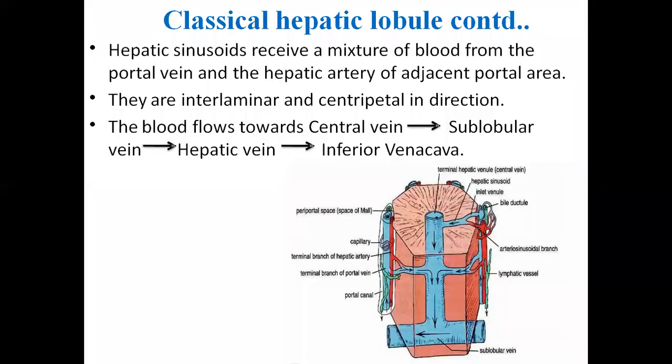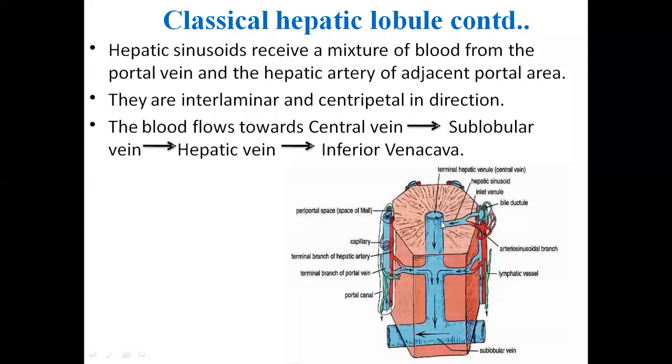Continuing with the classical hepatic lobule, a little more about the hepatic sinusoids and how the blood flows through them. Here in this diagram you can note the terminal branches of the hepatic artery and portal vein, which open their blood through an inlet venule and an arteriosinusoidal branch into the hepatic sinusoids.